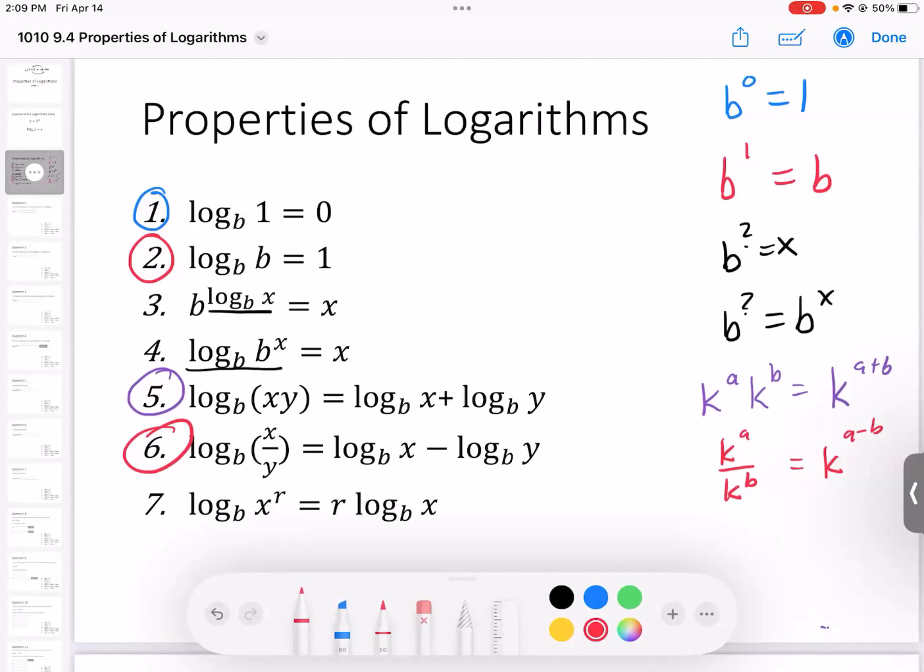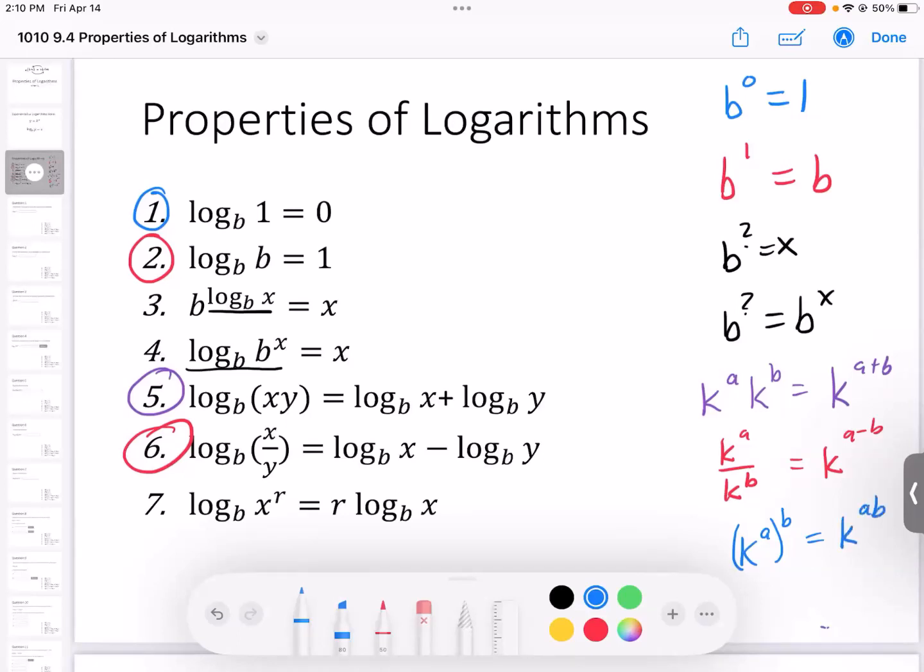And then our last one is a variation of our power rule. So you know how in exponents, if we have k raised to the a raised to the b, we can multiply these exponents? Because let's say for example, a was 2 and b was 3. Well, if you have k squared cubed, that's 3 k squareds, which ends up being a total of 6 k's. And it doesn't matter what the exponents are.